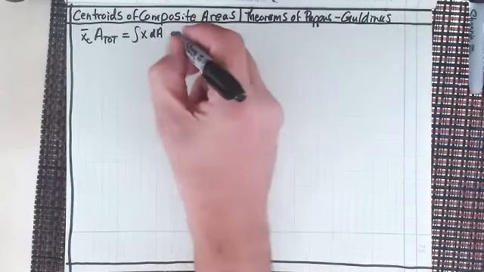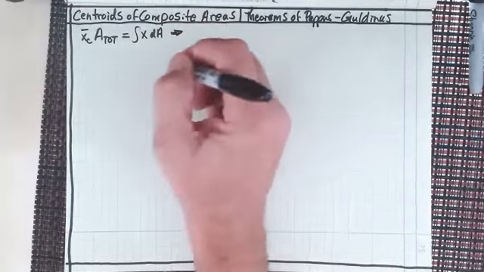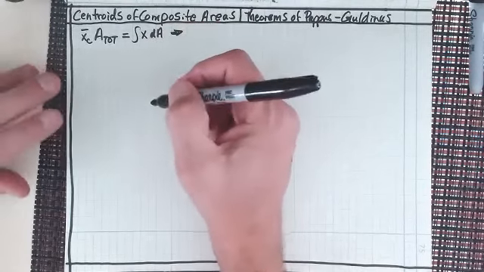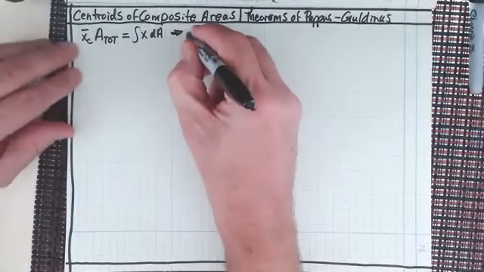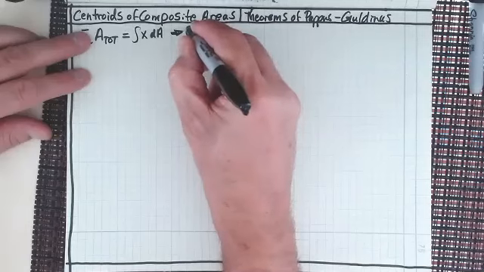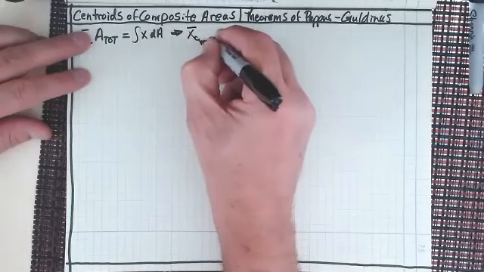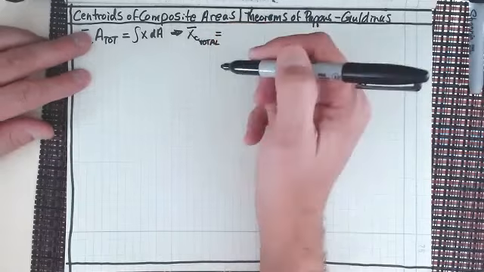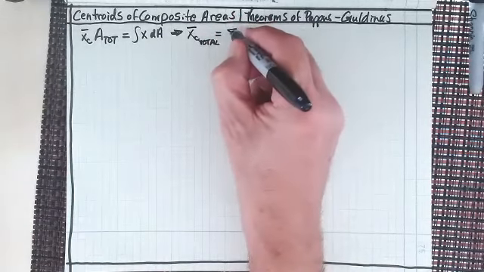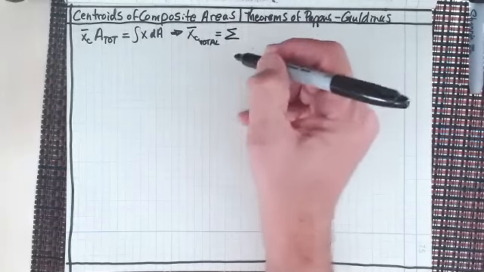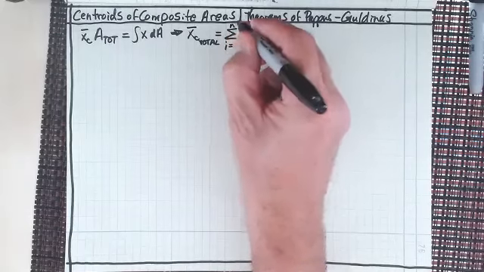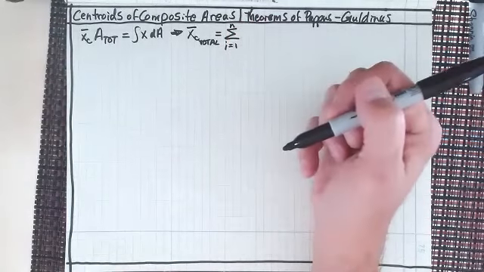Now, what we want to do is extend that a little bit further for centroids of composite bodies. And what we're going to say is that the total centroid for a composite body is just going to be the sum, with i equals 1 to n, and that would be standard for all Riemann sums.